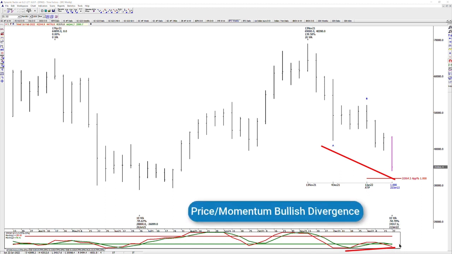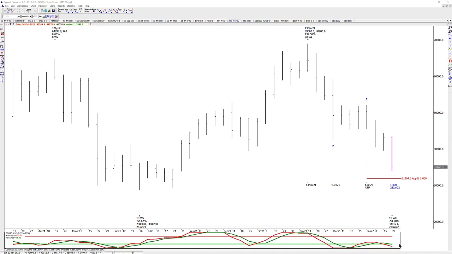So that's, at least, a wake-up call. The buying's coming into the market, and it's what's called a price momentum bullish divergence on the weekly data, so that's fairly significant. So we might want to really be alert as of the end of this week for the potential of completing a weekly low.